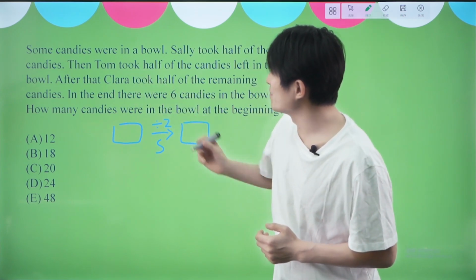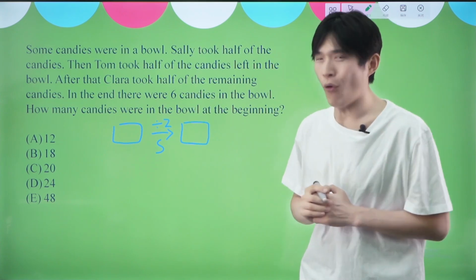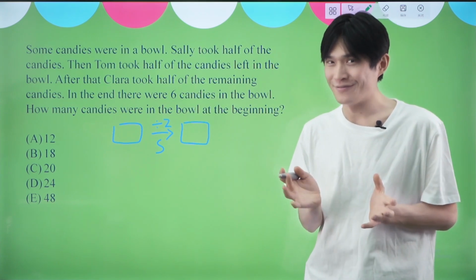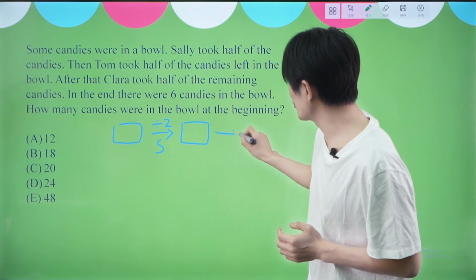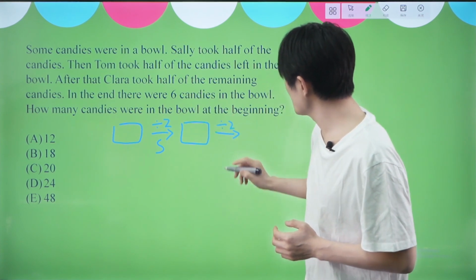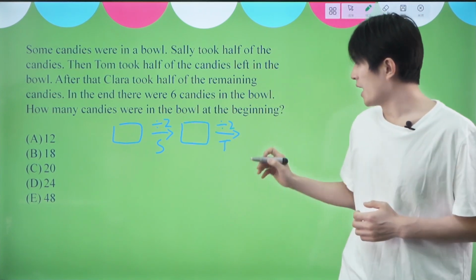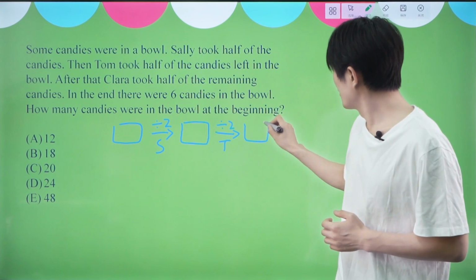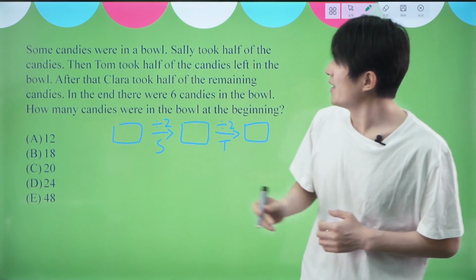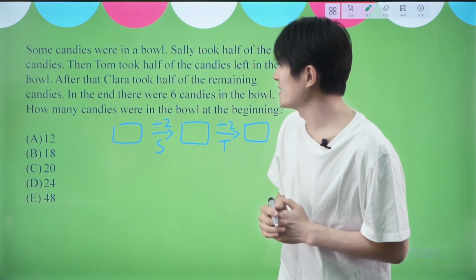So Tom took half of the candies left in the bowl. Another half. So we need to divide this by 2. So we put a T. T represents Tom, and we get the candies here. And then Clara took half of the remaining candies.